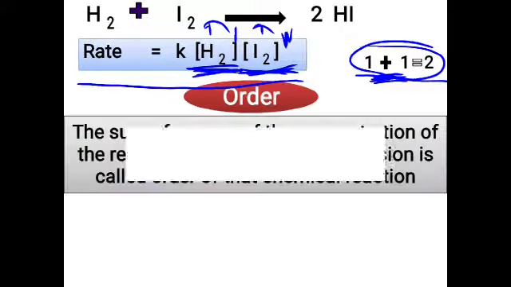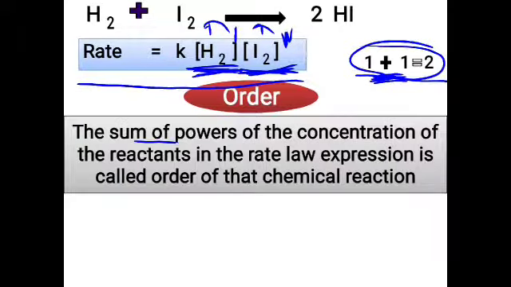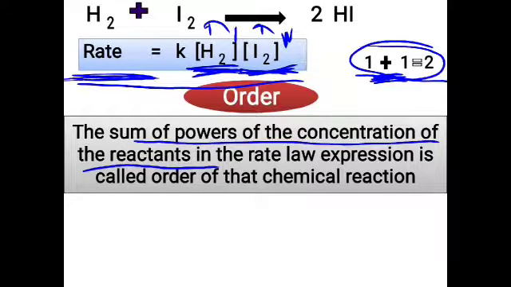So order is nothing but, when you have two reactants coming together, the sum of their powers, which gives you the order. Order is the sum of the powers of the concentration of the reactants in the rate law expression. That is called the order of that particular chemical reaction.